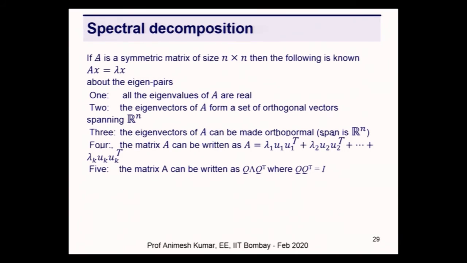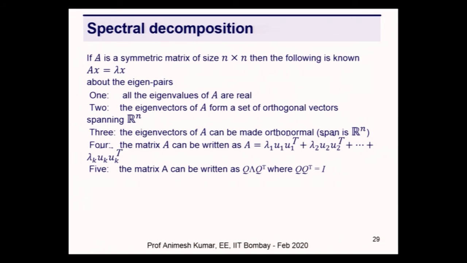Now, if one eigenvalue is repeated, for example the eigenvalue 1 was repeated, so I have two eigenvectors corresponding to lambda equal to 1, then you can take those two eigenvectors and orthogonalize them. And that's what this statement 2 means.